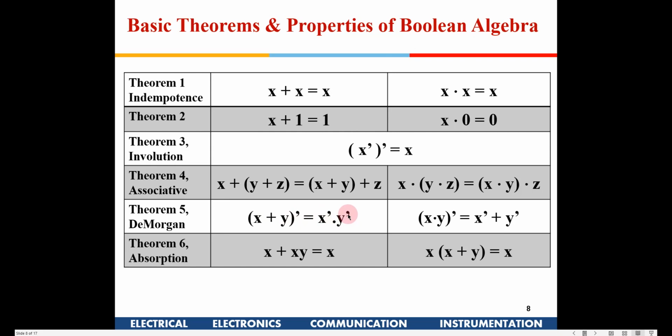So if you take this inversion into the bracket, then this OR becomes AND, and individually the variables become inverted. So this is known as De Morgan's theorem, right? And similarly, if you have the invert of x AND y, then it is x invert OR y invert. This is a very important theorem which we are going to use quite a bit.